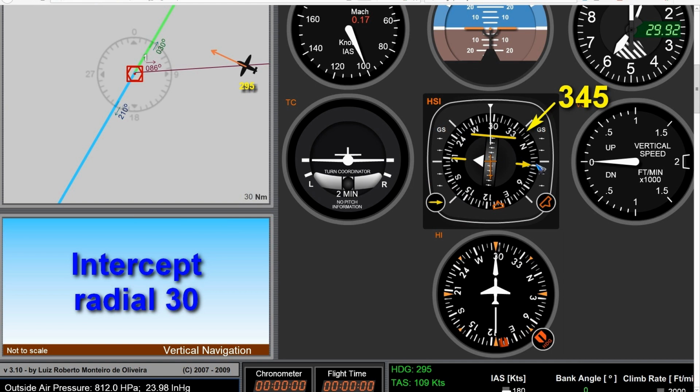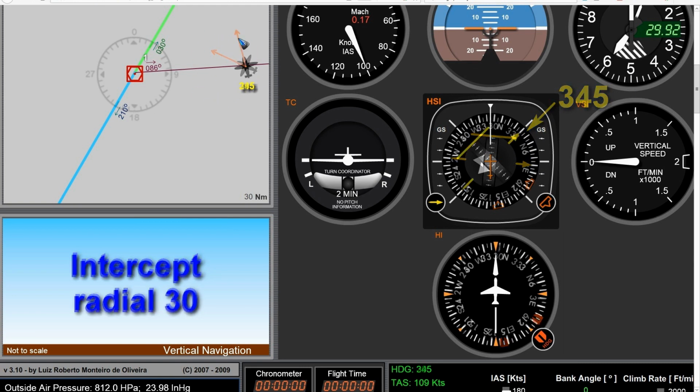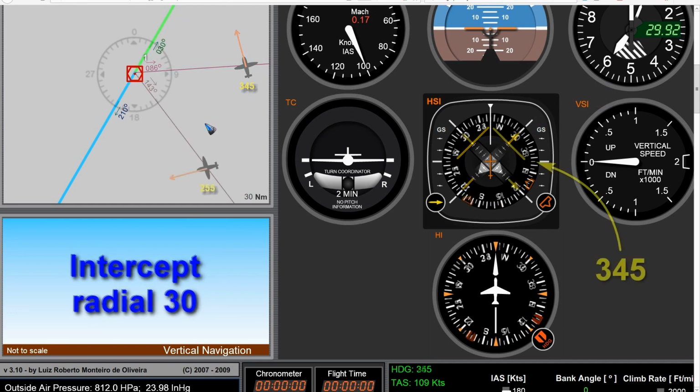I subtract 45, 30 minus 45 is 345, or I can also try to read it out over here. Look what happens if I turn my heading to 345. Well, it's going off the map, but it looks like a very nice intercept course for this 30 radial.